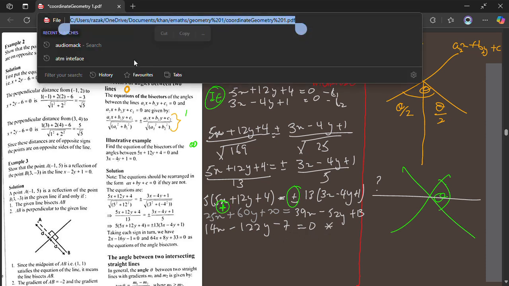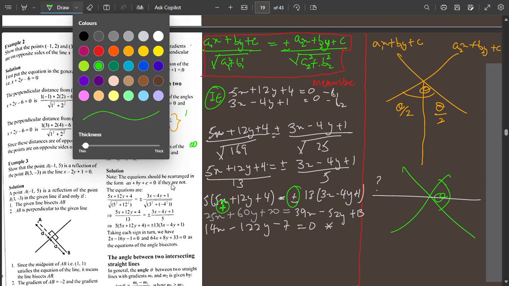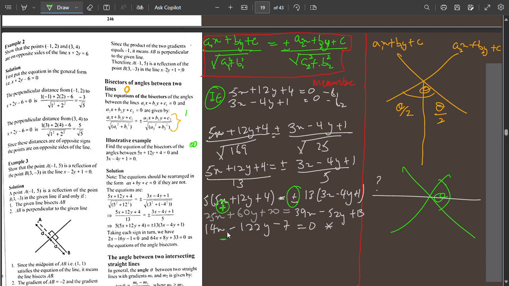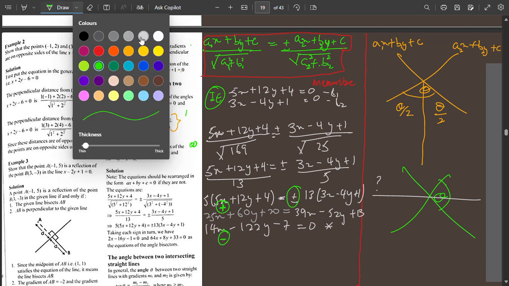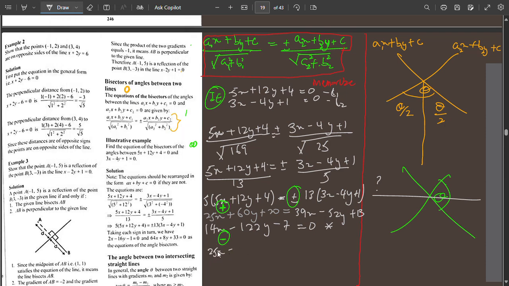Now let's use minus. When the sign is taken as minus, then we'll have 25x plus 60y plus 20 is equal to minus 39x plus 25 plus 52y minus 13.